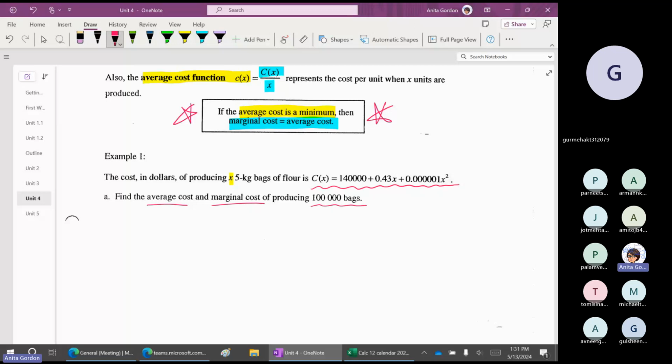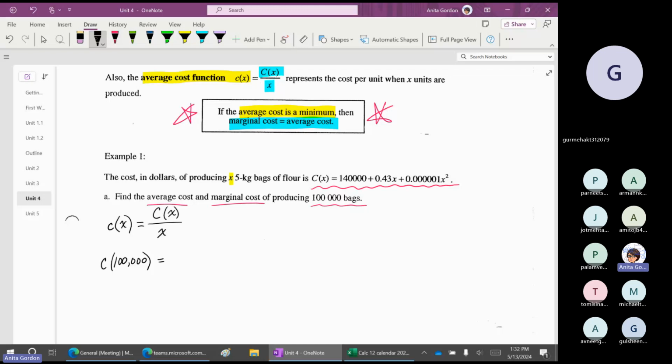Average cost is little c of x, and the way that we find it is by taking the cost function and dividing it by the value x. Here, we are interested in the cost at 100,000 bags, so we're going to use that in place of x.